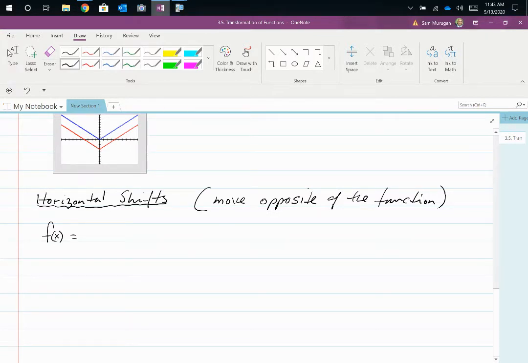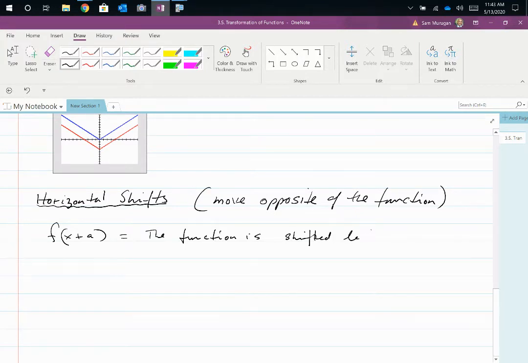F of x plus a, where if I add a directly to the function, means the function is shifted left.